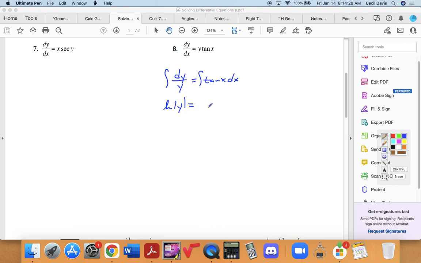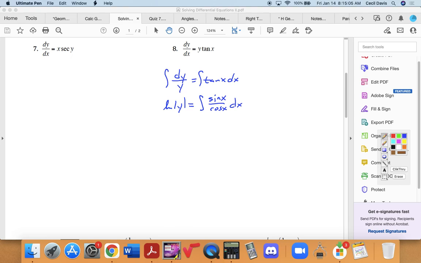Again, I'm previewing a bunch of stuff in this unit, but I'm going to rewrite this as sine of x over cosine of x. And you may remember Wednesday, we talked about when you have a function in the denominator and its derivative in the numerator, that's going to be, when you take the antiderivative, a natural log.